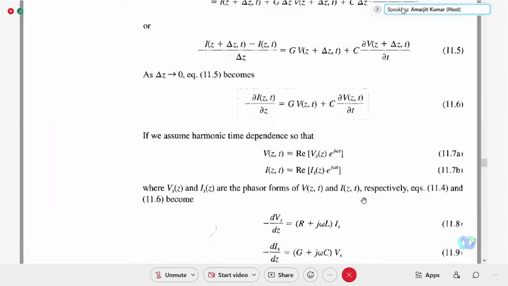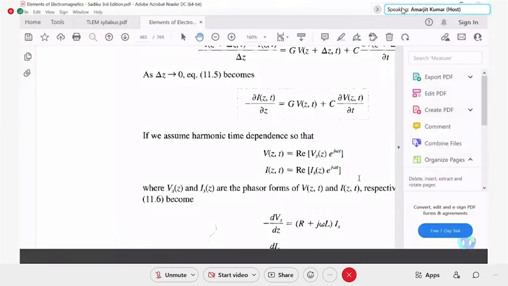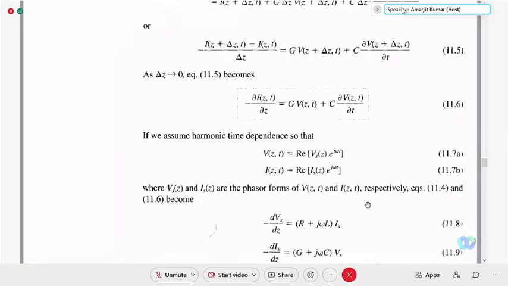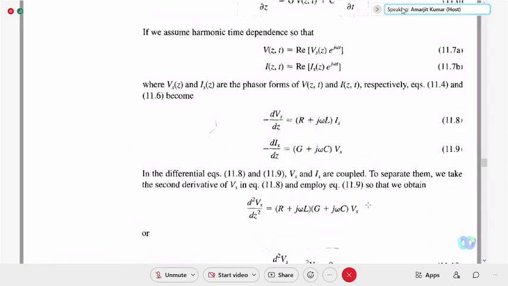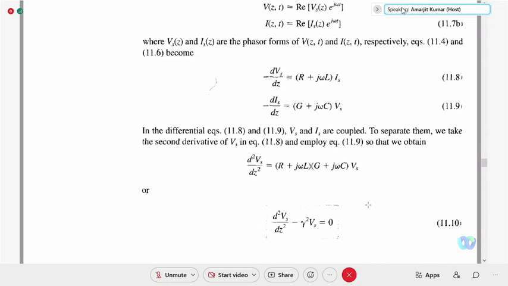These two equations will be there. Minus dV_s by dz is equal to R plus j omega L into I_s, and minus dI_s upon dz is equal to G plus j omega C into V_s, phasor current, phasor voltage.